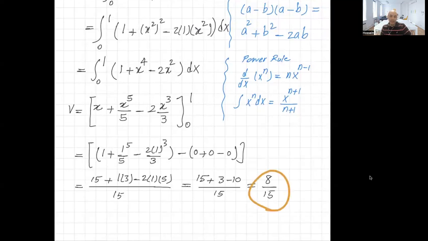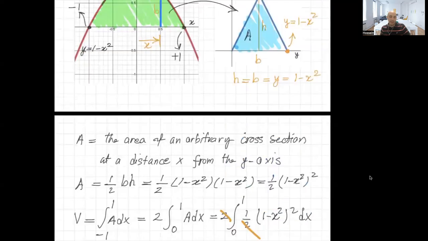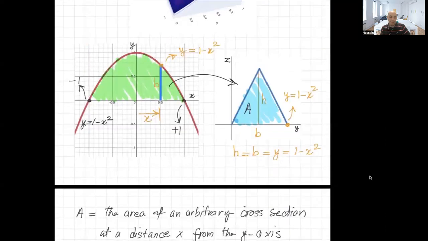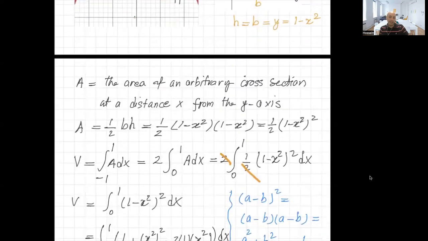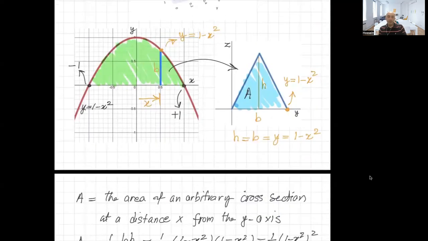So basically, to recap, I calculated the area of an arbitrary cross-section here based on the information given in the problem, and then used the integral to sum all the areas all the way from this point here to this point.